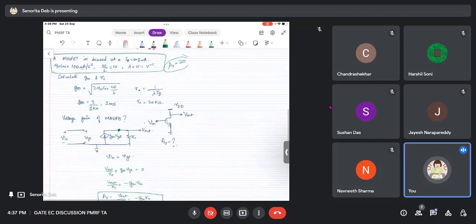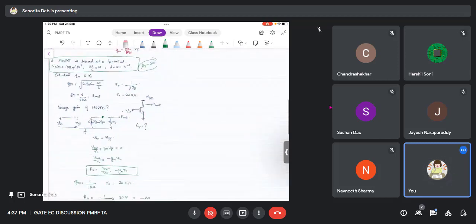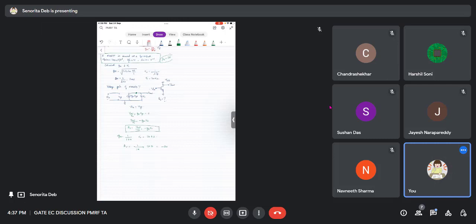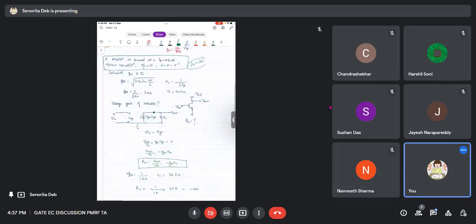Understood? So now just write it down and let me know when I have to go. I will proceed after that. Okay, just write it down. Similar things will happen with PMOS as well.